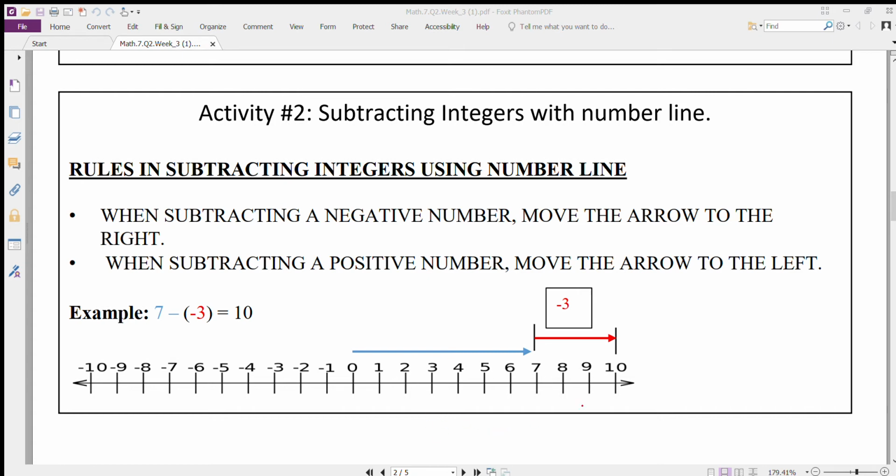Positive 7. How about positive 3? What's the opposite of 3? It's negative 3. Hopefully you get this point. You add its opposite. So change minus to plus and change the right side number to its opposite.